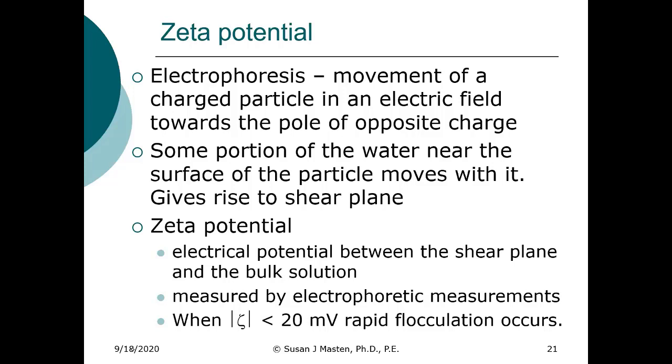And based on that, you can then assess how effective the coagulant is. So you're really looking at that zero point of charge, where you are neutralizing the charged surface. So you can get a better sense of the mechanism by which the coagulant is working.